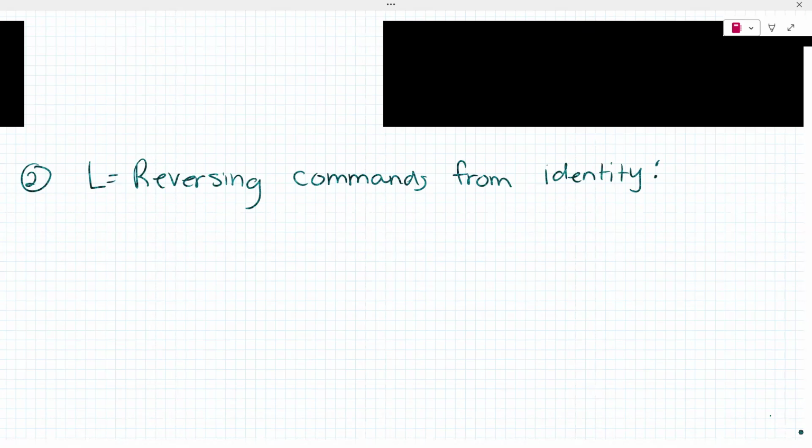So here's our identity matrix. It's a 3 by 3, so it's 1, 0, 0, 1, 0. What we're going to do is write out our command, and then you're going to literally do the reverse, if that makes sense.